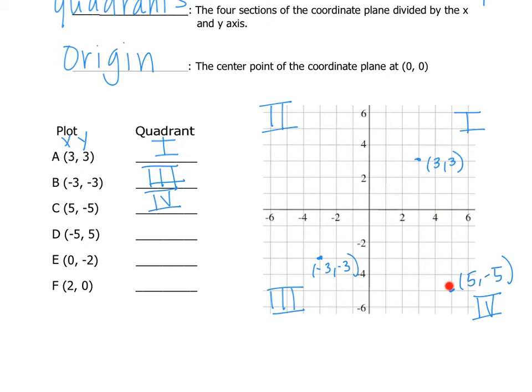And then we're going to do -5 on our x-axis, and then 5 on our y-axis right here. So this would be (-5, 5), and that is in quadrant 2.